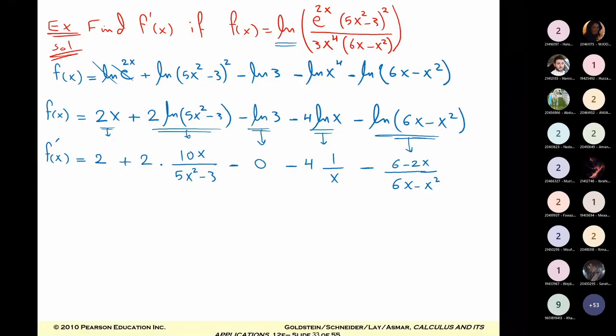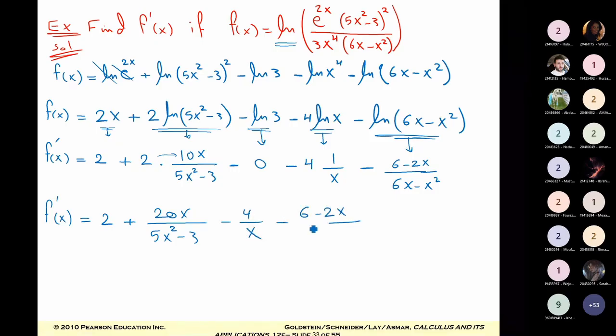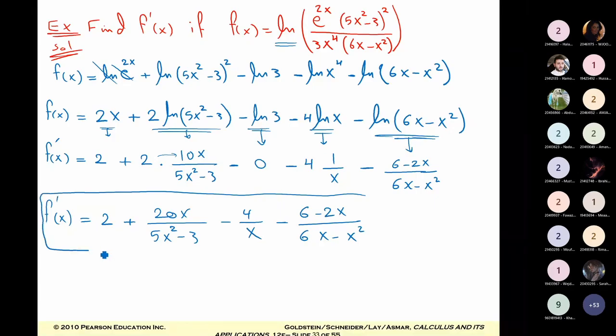For more simplification, we have 2 plus 20x, multiplying 2 with 10, over 5x squared minus 3 minus 0 minus 4 over x minus 6 minus 2x over 6x minus x squared. This is the derivative of f of x.